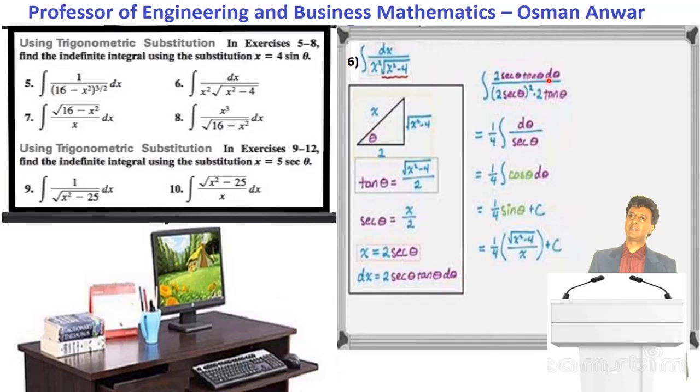When you substitute, you will end up with the integral of 1 over 4 cosine theta d theta. When you integrate that, it is 1 over 4 sine theta plus C. Then when you draw this triangle, this is theta, so sine is opposite over hypotenuse, which is square root of x squared minus 4 over x.